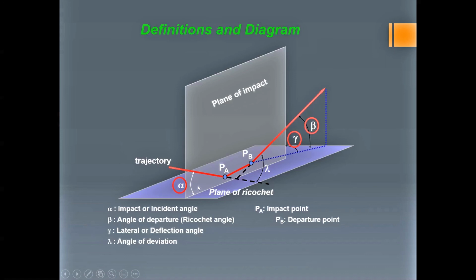We'll have our angle of impact, right? The bullet's fired, strikes the substrate, travels along the substrate, departs. This is our ricochet angle. We will also have this lateral or deflection angle. So if the bullet is fired through a barrel with right-hand rifling, it's spinning to the right. The bullet's going to actually deflect off to the right, so it won't be a straight line. Where it's fired, it hits the substrate, travels along the substrate, departs in a straight line. Typically, the rifling will have an effect on it as well.